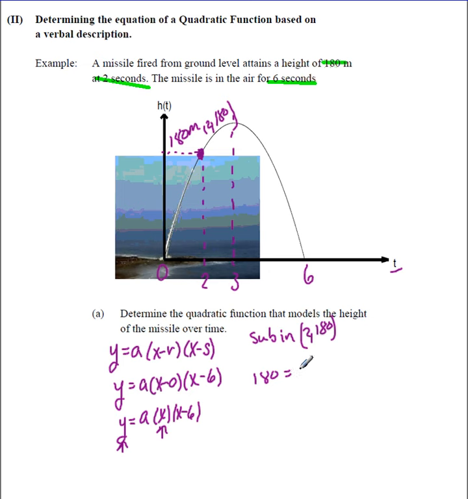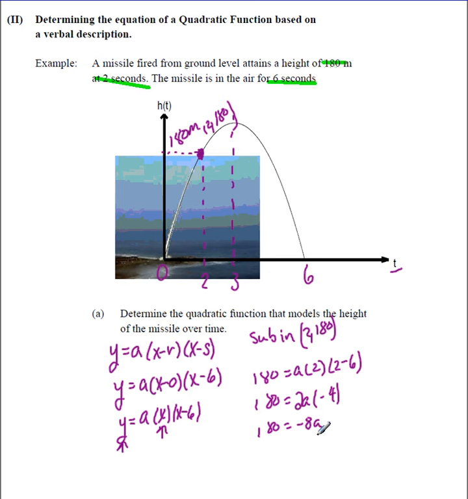So the y value is 180. The x value is 2. So a times 2 times negative 4. So 180 equals negative 8a.